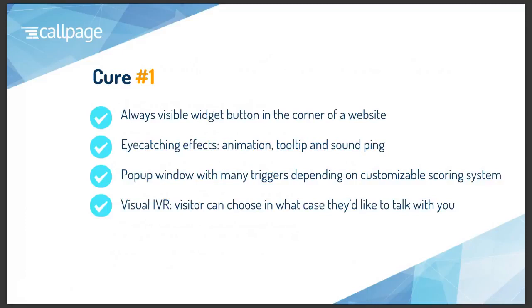Also, we have this visual IVR, which is really easier for your customers to use, because your customer chooses the right department or subject from the conversation, and then puts in their number. So we are avoiding the IVR that customers don't like. But I will tell you more about departments later.